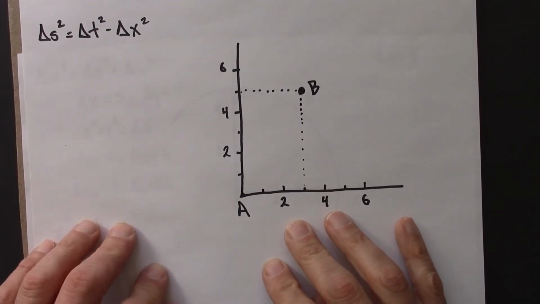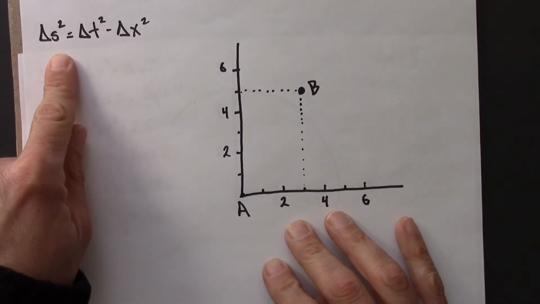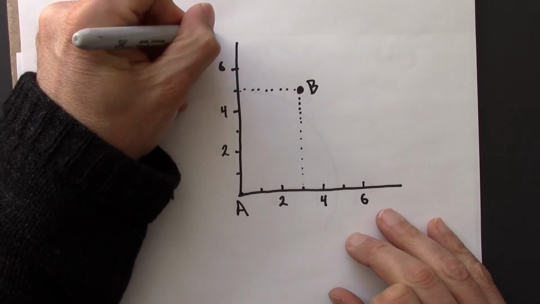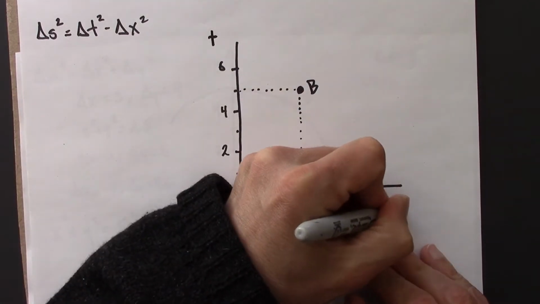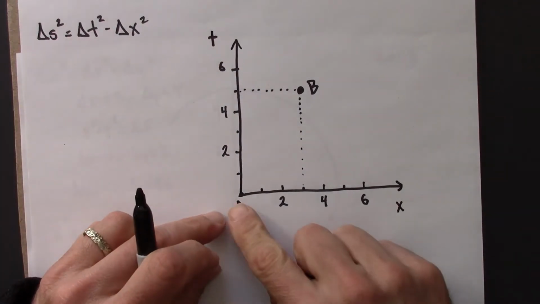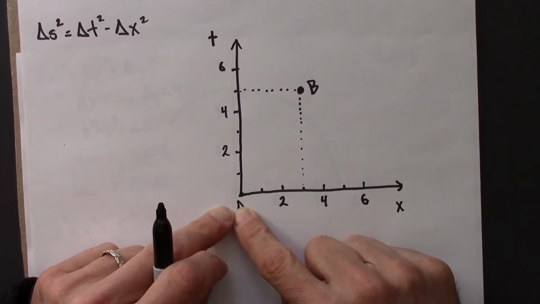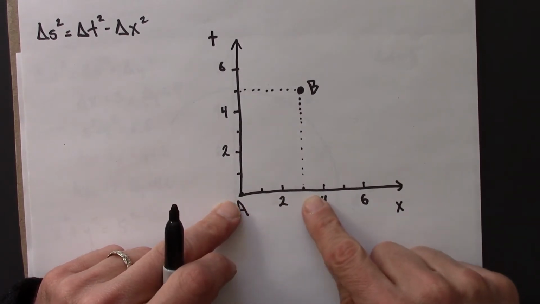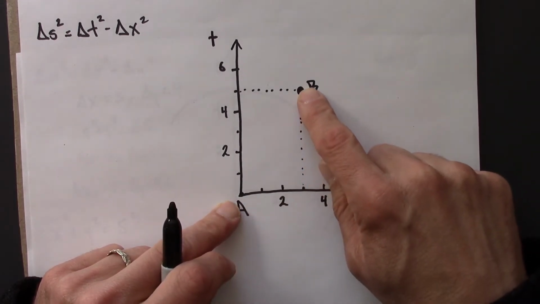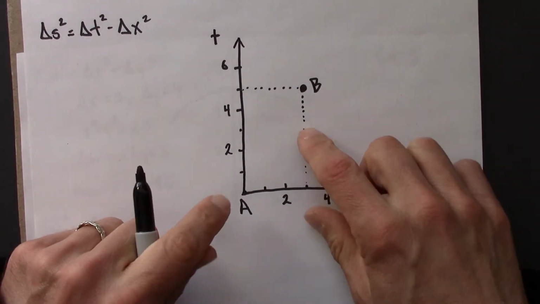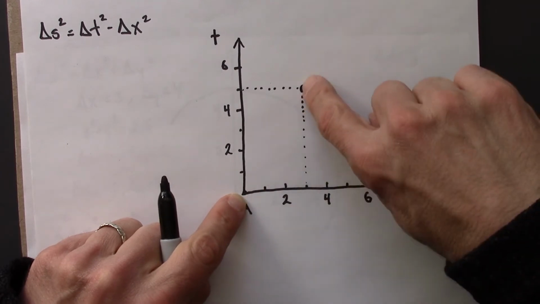So now let's do something similar, but with the metric equation. This is now a space-time diagram. I've got time and space x. Let's say I've got a point A that's at 0, 0, and point B that has an x of 3 and a t of 5. So what's the space-time interval from A to B?